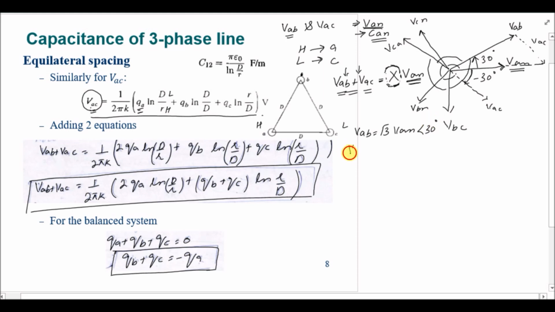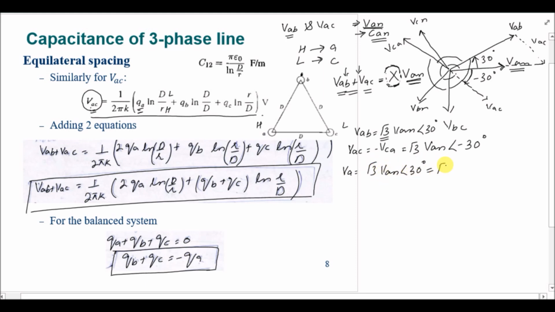Similarly, VAC is equal to minus VCA is equal to root 3 VAN angle minus 30 degree. So line to line voltage has greater magnitude in comparison to the line to neutral voltage, and the value is root 3, with which you have to multiply it in order to get the magnitude of line to line voltage.